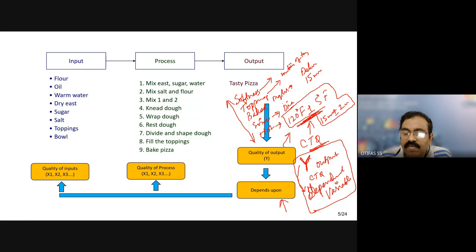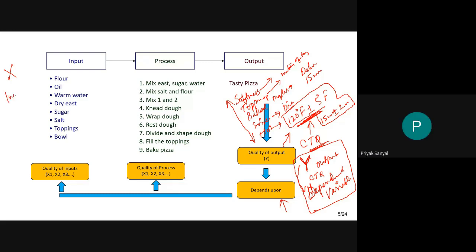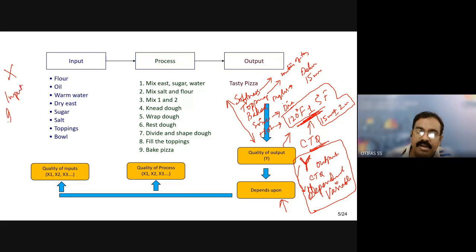This is why we call Y the dependent variable, because the variation in Y depends upon the quality parameter. Every variation in that output depends upon it.